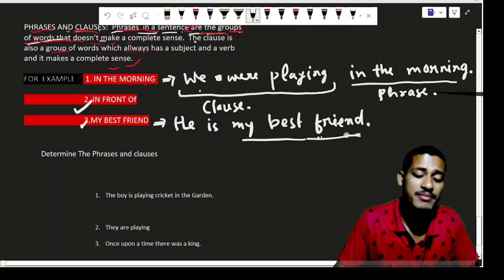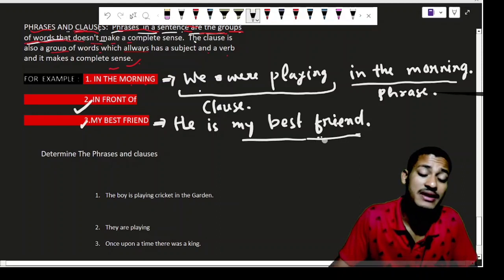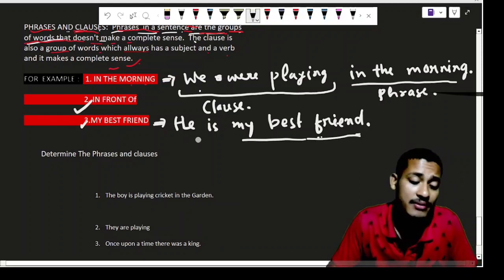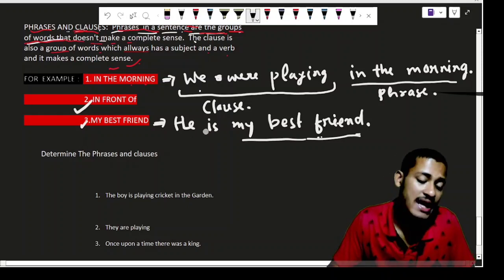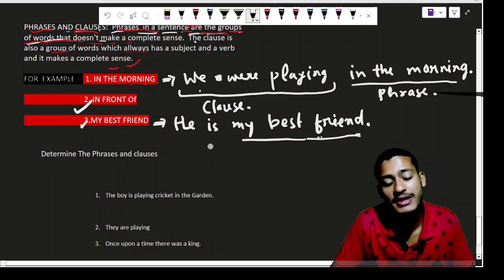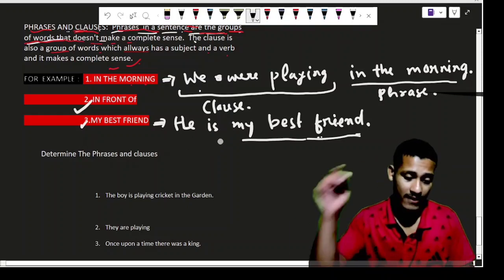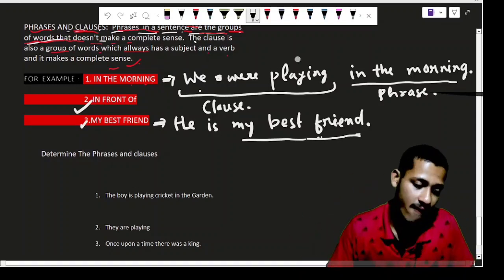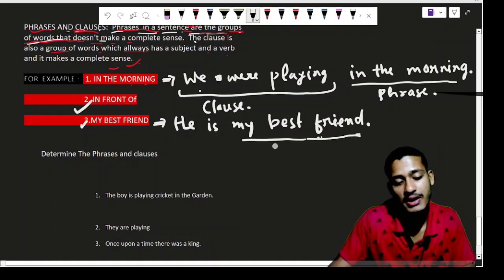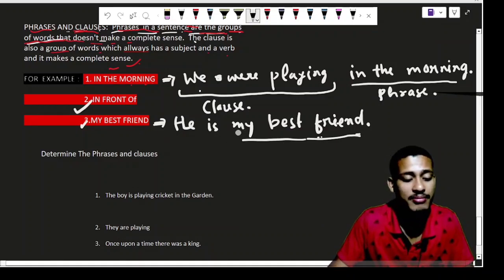So my best friend, this is a phrase because my best friend does not make a complete sense. But using he is, when we write he is my best friend, this is a complete sense. तो ये एक example है जहाँ पर मैंने phrase को example बनाया.